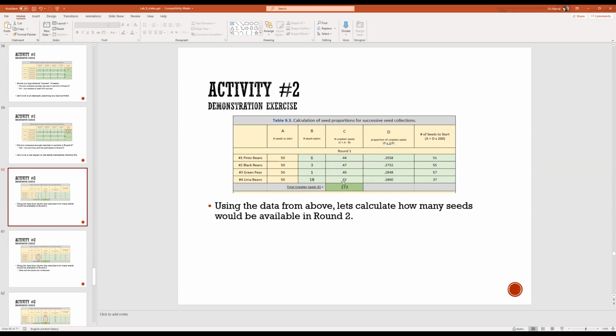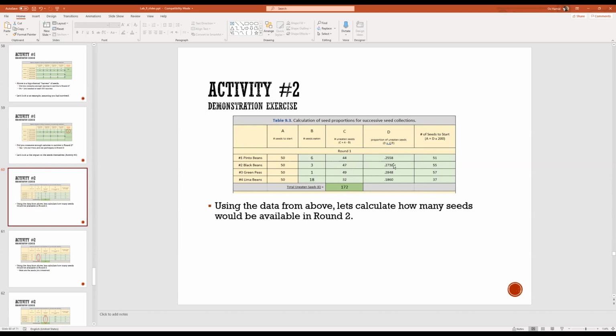Then you're going to add up all of these uneaten seeds for a total uneaten seed number, which is referred to as E. So if you add up 44, 47, 49, and 32 together, you're going to get 172. And then you have to determine the proportion of uneaten seeds. So here you would do 44 divided by 172, that's 0.2558, so roughly 25%.